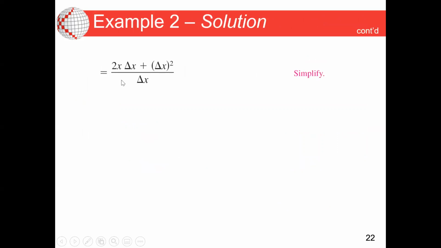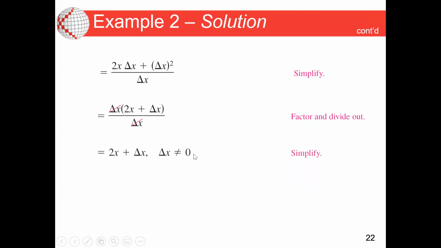So we have 2x dx plus dx squared over dx. Now we know dx is common at the numerator, so we bring the dx out and remaining 2x plus one more dx because it's dx squared. So we can see here we cancel dx, so we get 2x plus dx.